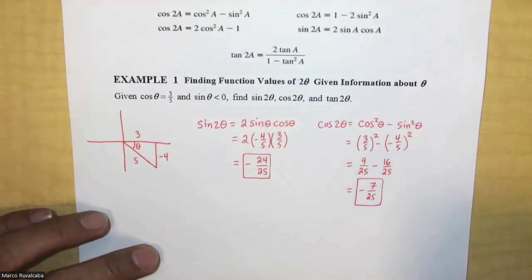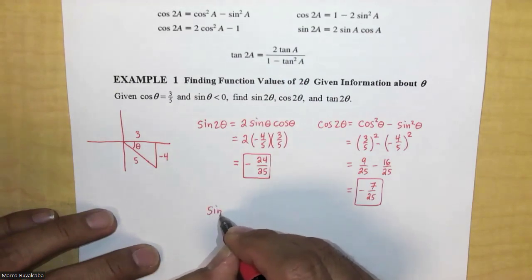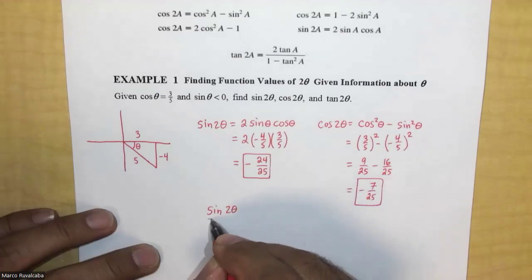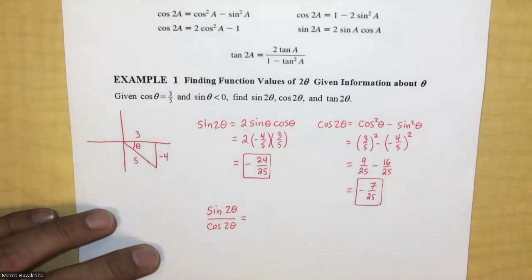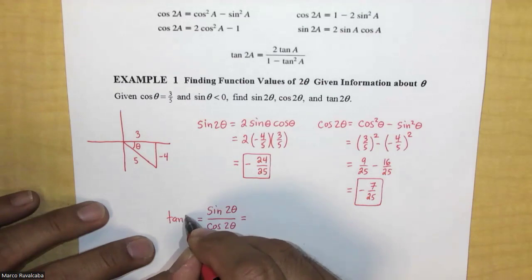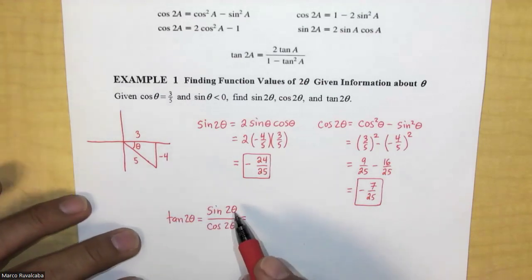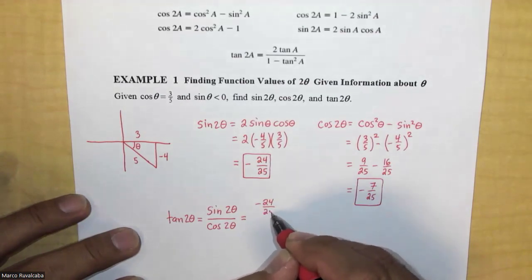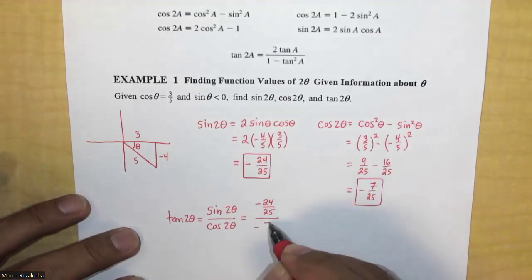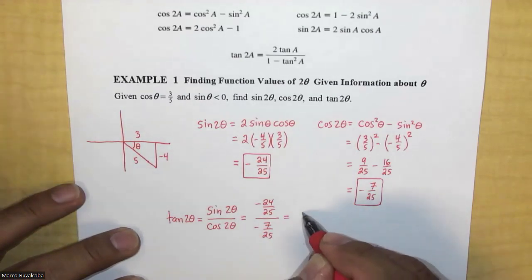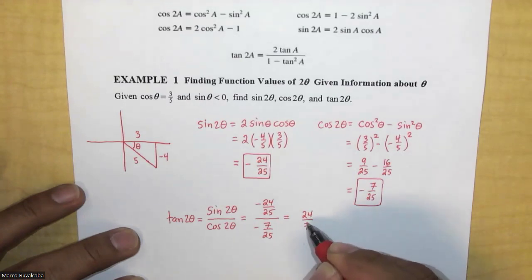But I'm just simply going to use the general identity that tangent 2 theta must equal sine 2 theta divided by cosine 2 theta. I have those values already from here. So that'll be negative 24 over 25 divided by negative 7 over 25, which simplifies to 24/7.